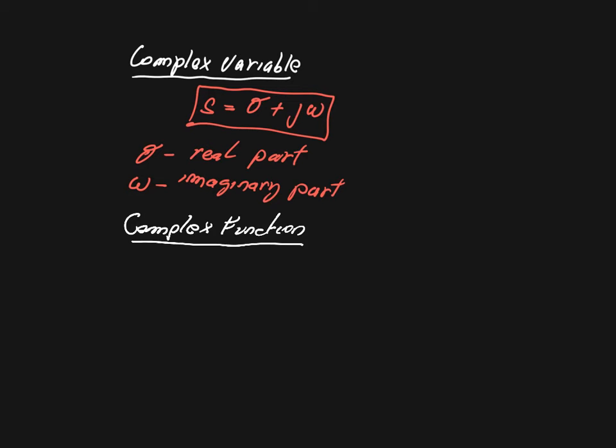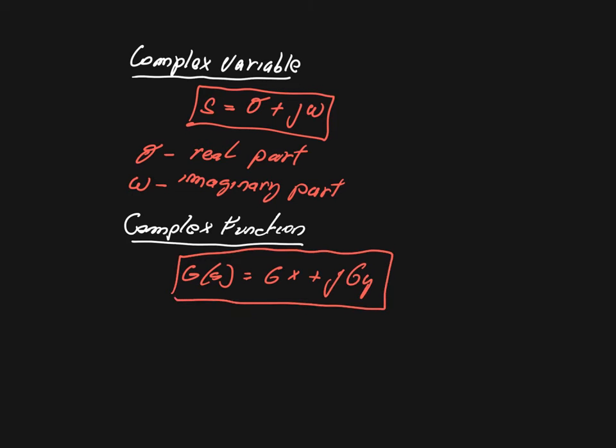So in this example, in a similar way, we can define this complex function G of s, which is going to be Gx plus j Gy. The real part is Gx, and the imaginary part is Gy.